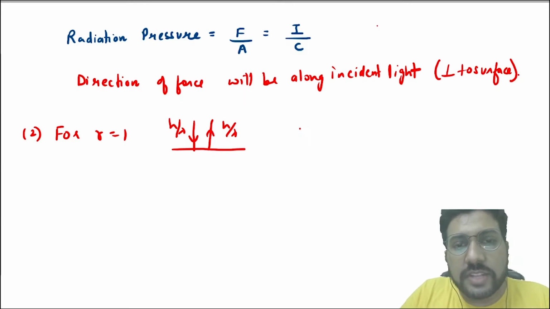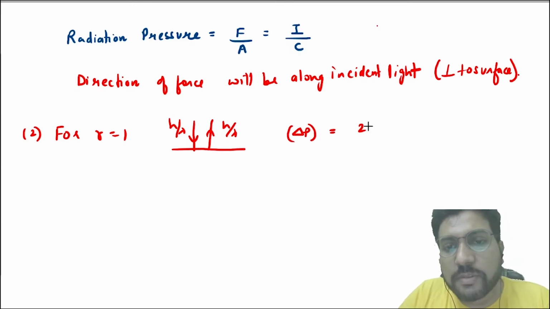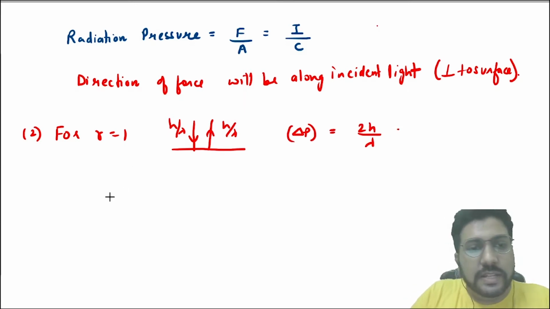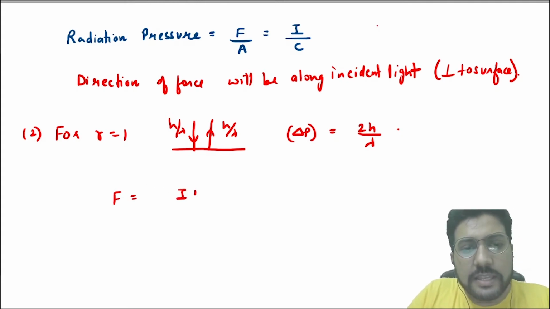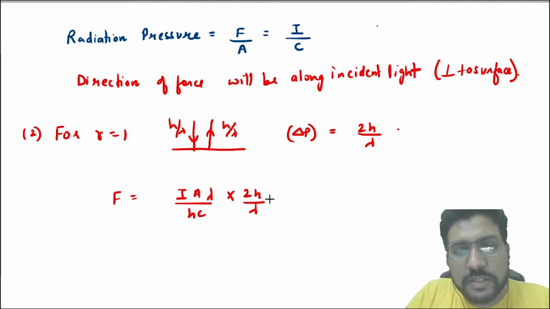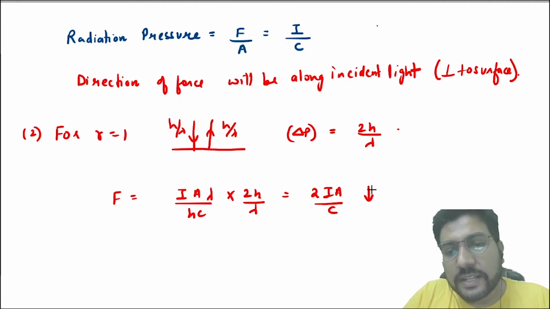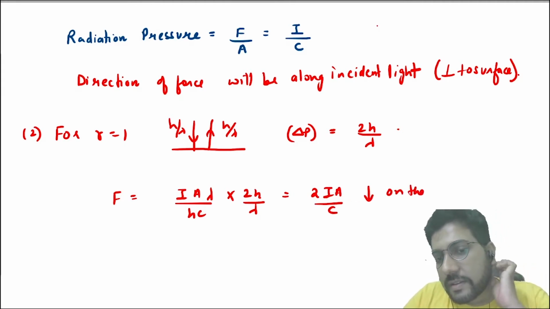So the change in momentum in this case will be equal to 2h by lambda. So the force will be N by t. N by t is how much? Ia upon hc by lambda, multiplied by the change in momentum of one photon, 2h by lambda, and that is equal to 2Ia by c, and this force is again downwards on the plate.